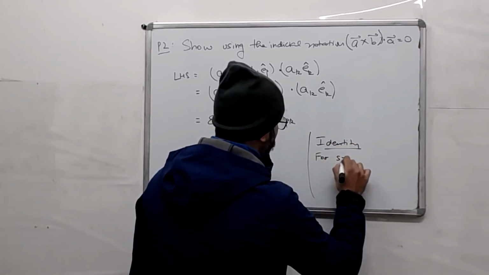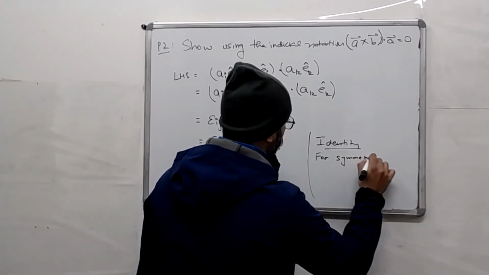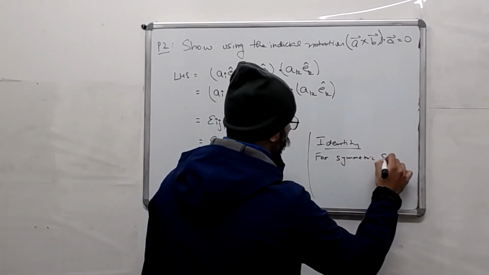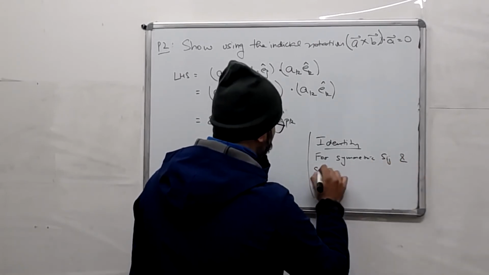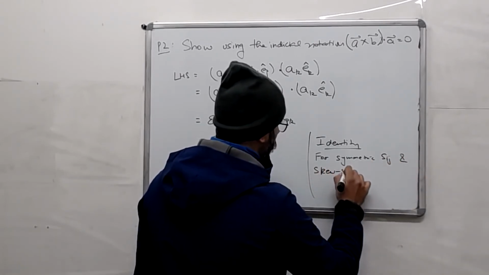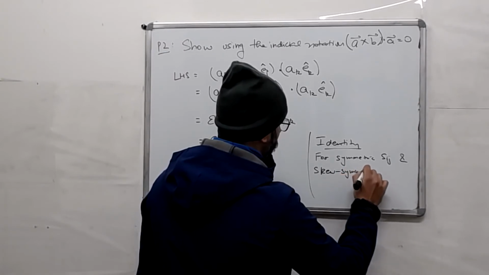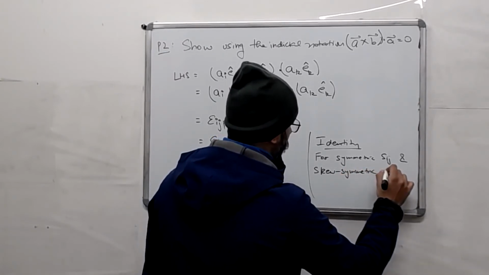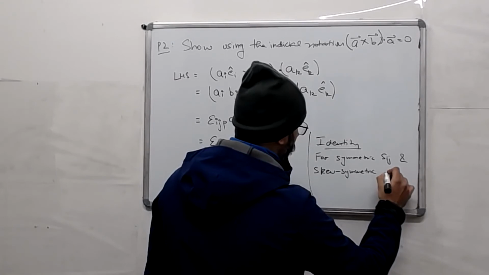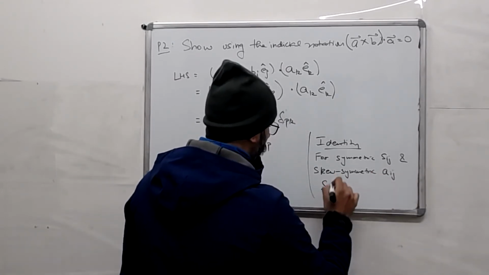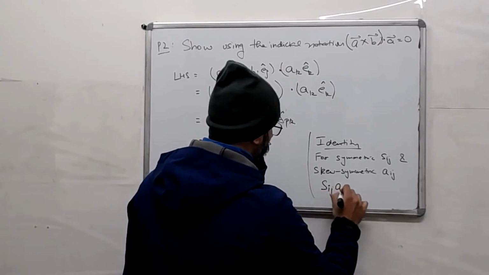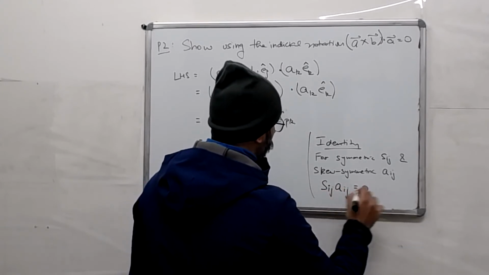If you have a symmetric tensor, let's say Sij, and a skew symmetric one, let's call it Aij, then their vertical double dot, Sij Aij, is 0.